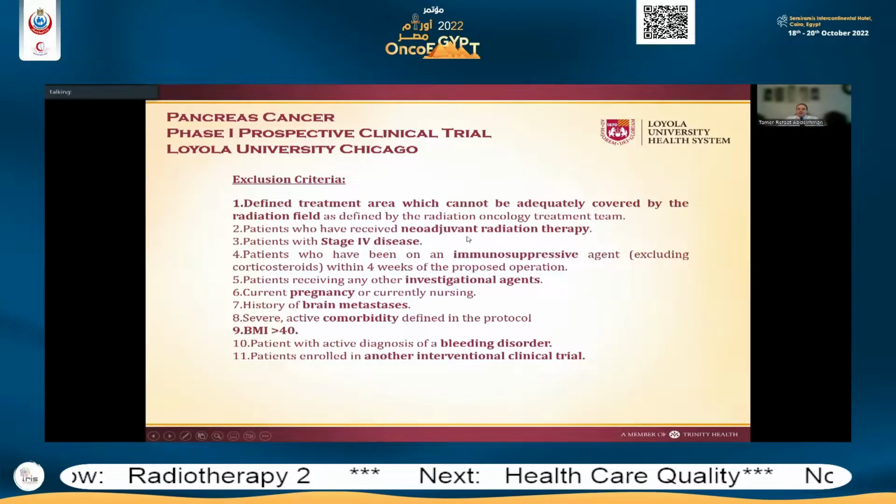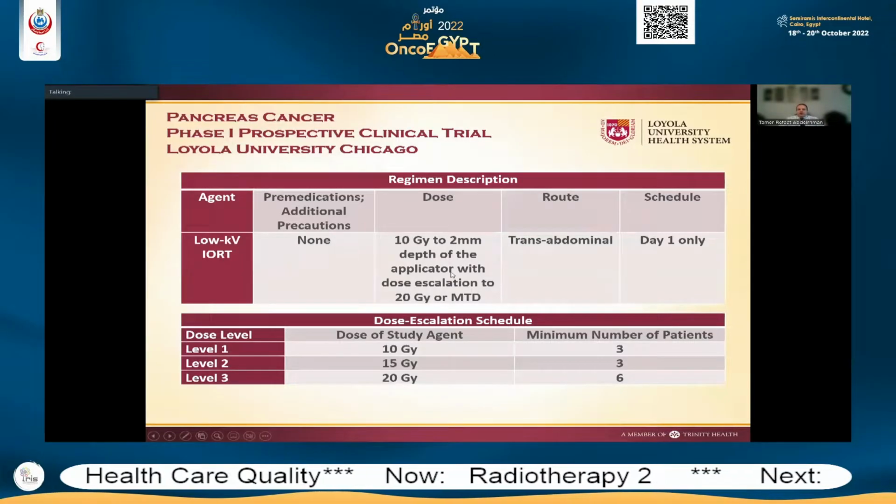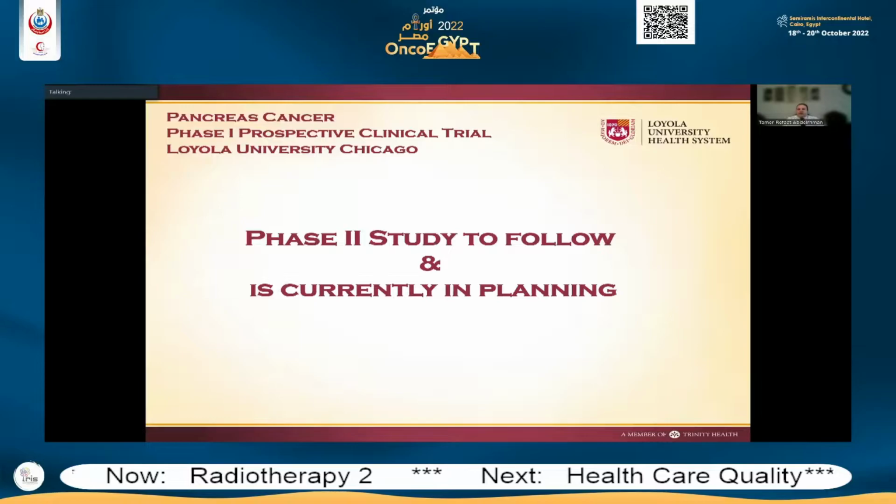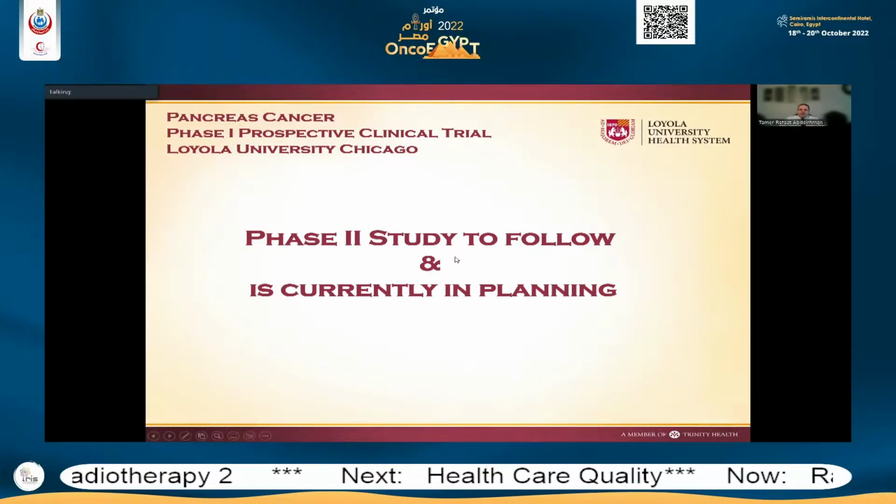Other exclusion criteria include adjuvant radiation therapy, patients with stage 4 disease, immune suppression, and some other standard exclusion criteria. Again, dose escalation from 10, 15, and 20. And now we are planning a multi-center, multinational phase 2 study with the same idea.